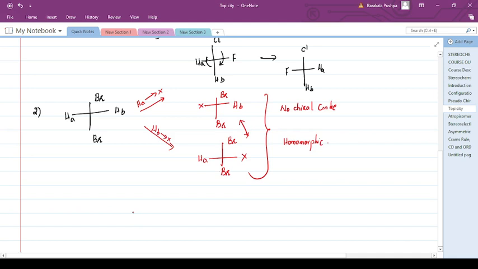Ligands by themselves, when they are present in a group, you cannot say they are homotopic. But ligands, when they are present in a molecule with no chiral center, and replacing one group with another group gives you the same stereochemistry or stereoisomerism, that's why they are called homotopic ligands.